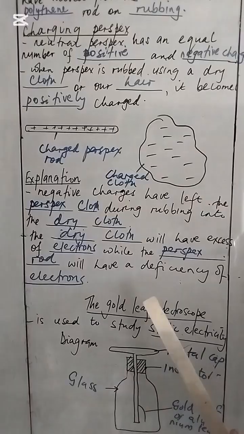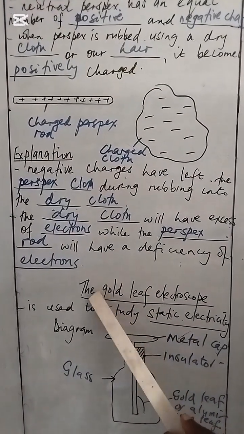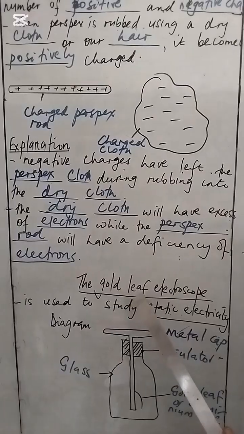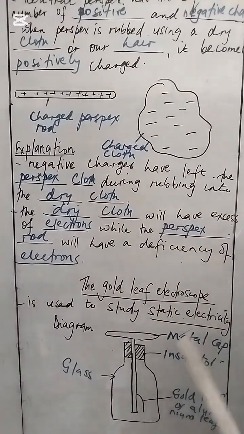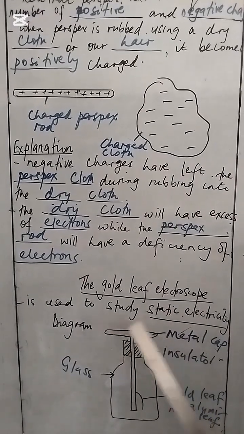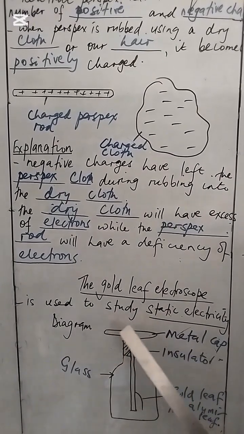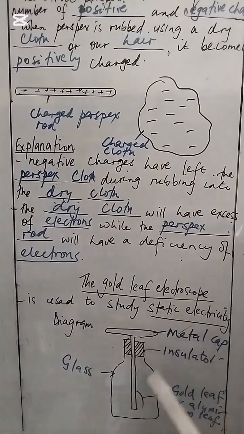Then, how do we study electrostatics? There is an instrument which is called the gold leaf electroscope. This is the one that we use when we want to know how charges behave.